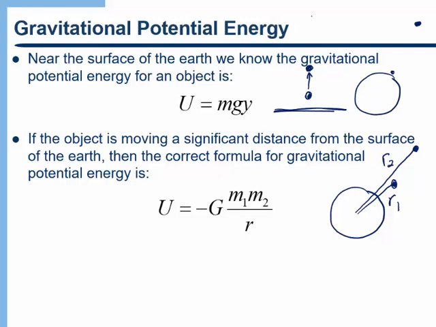Well, you'll notice that the bigger I make r, the smaller this value gets, and therefore the gravitational potential energy at r2 is less negative than at r1. In other words, the gravitational potential energy here is greater than here.